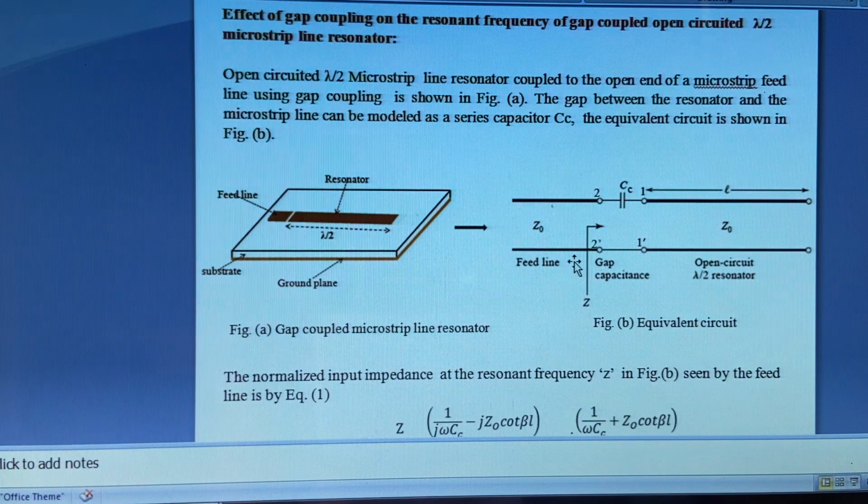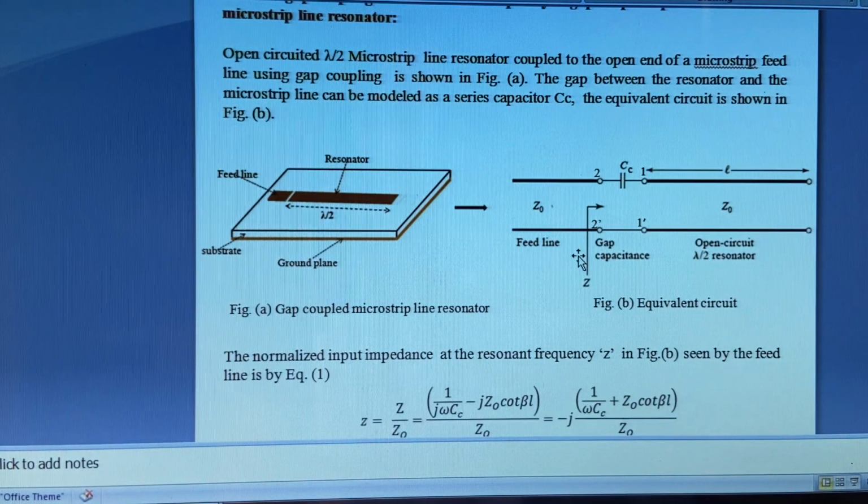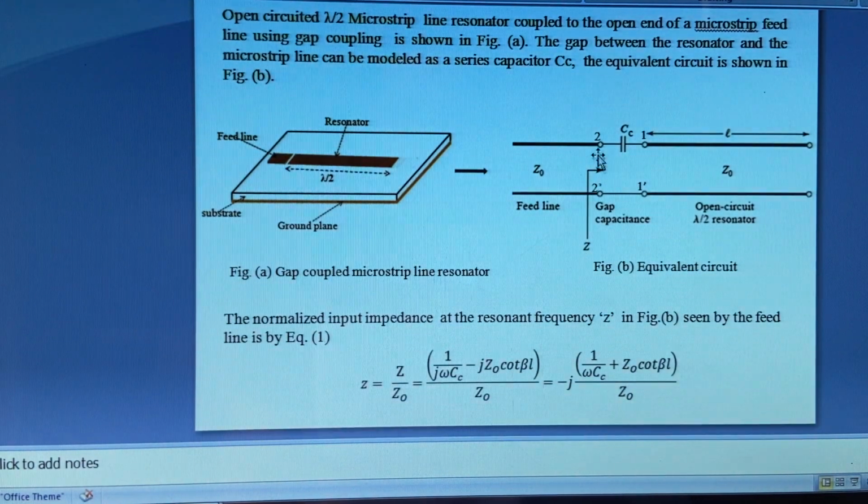We have to find out the resonant frequency of this structure. We know the resonant frequency of the open circuited lambda by 2 microstrip line without this feeding circuit. We already discussed the open circuited lambda by 2 resonator structure.